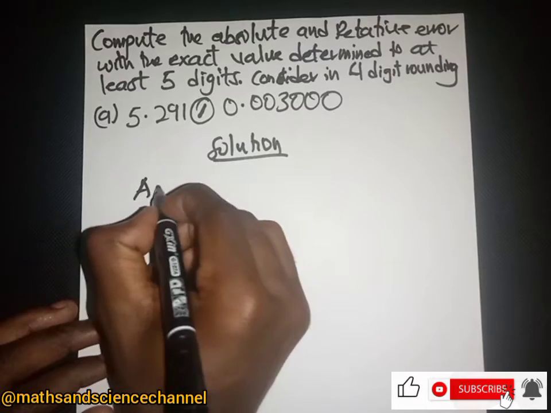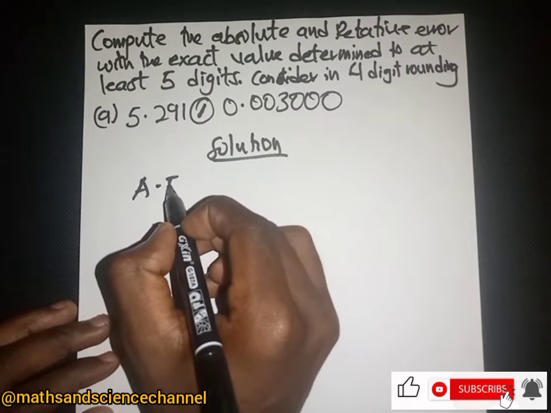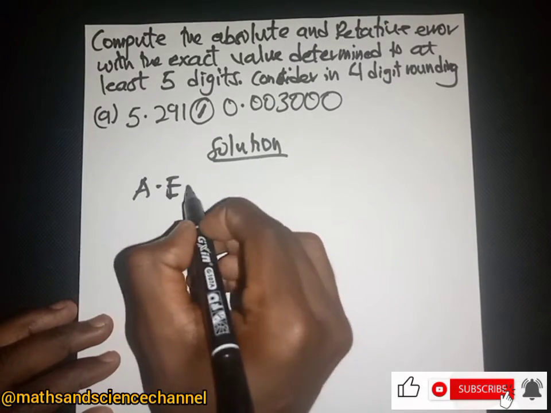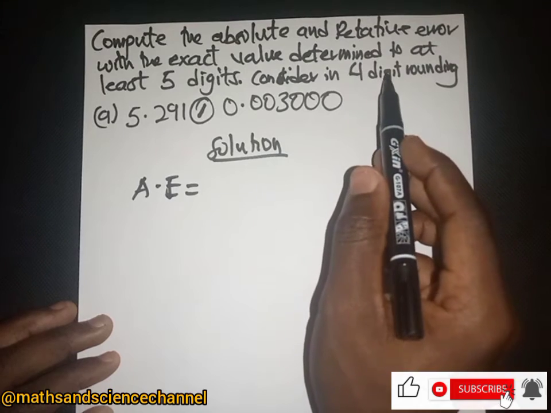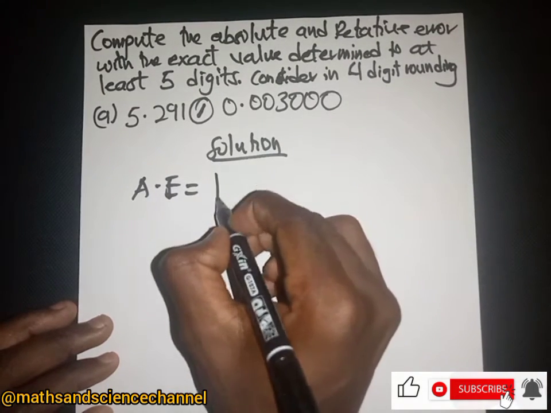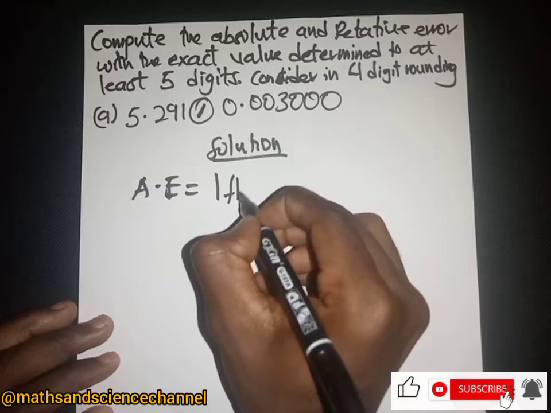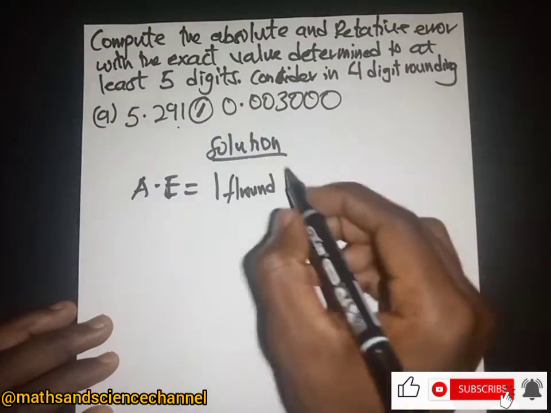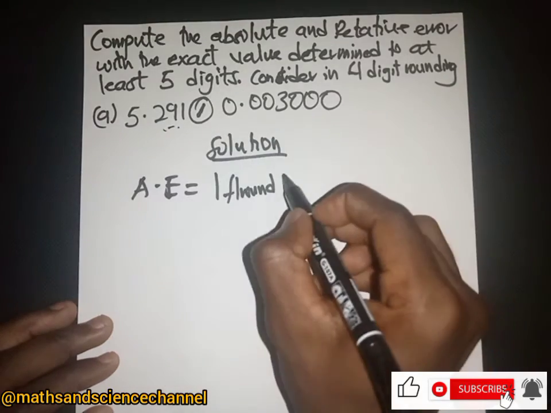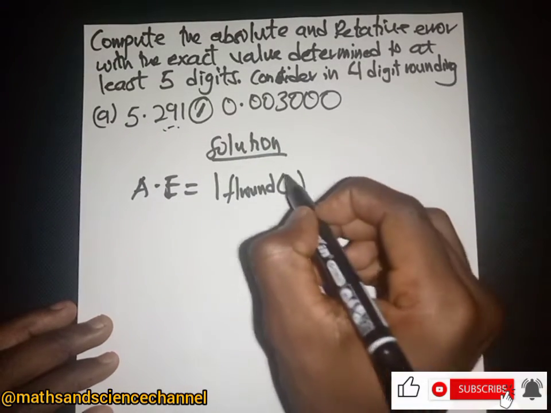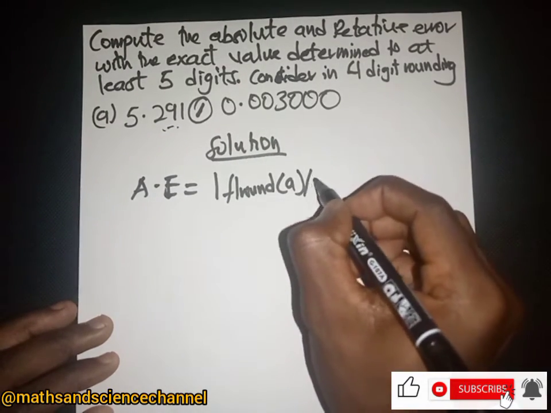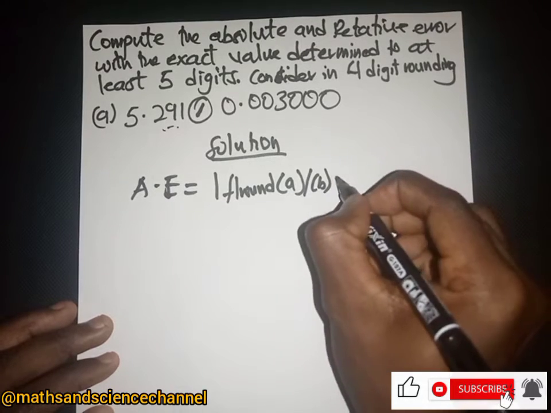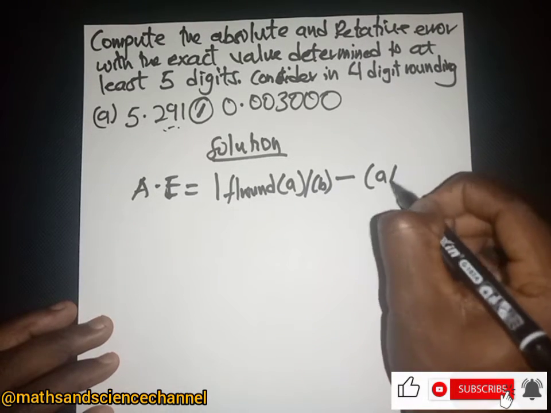So we know that the absolute error in the case of floating rounding is the float round of a divided by b, minus a divided by b.